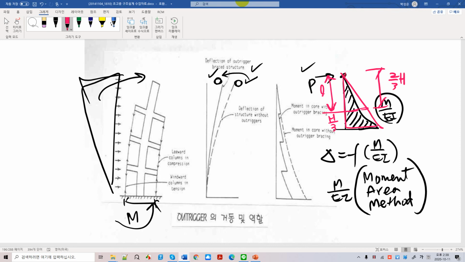But if we have some curve functions, second polynomial, third polynomial, then you may have to use a little bit of mathematics to calculate the centroid of the M over EI diagrams, but you don't have to, because you can use a numerical way, this way.